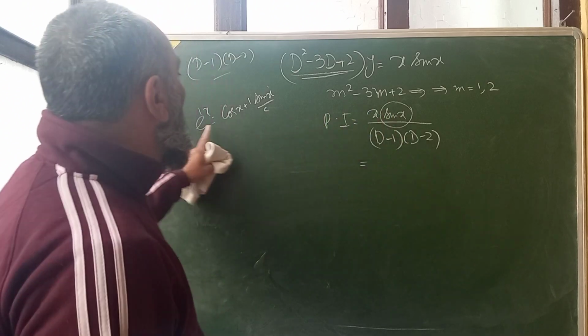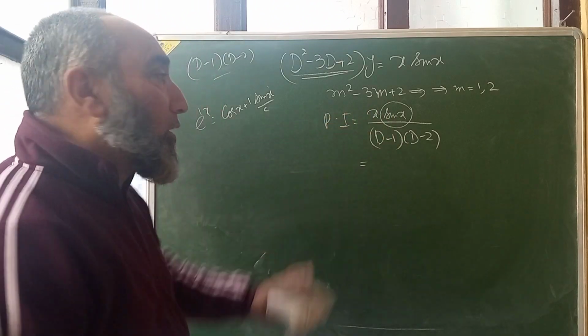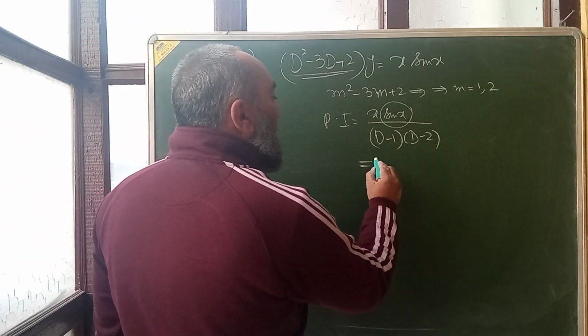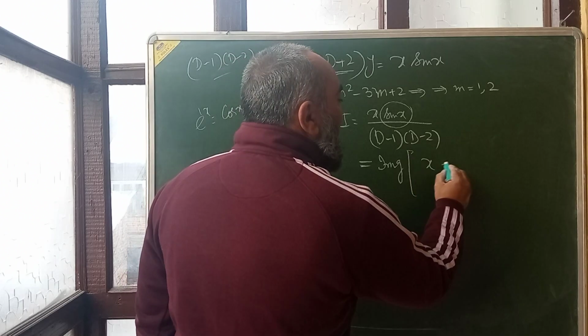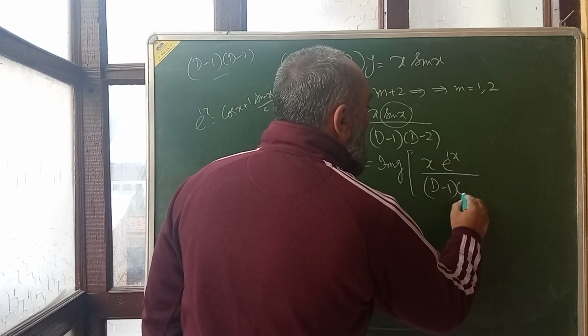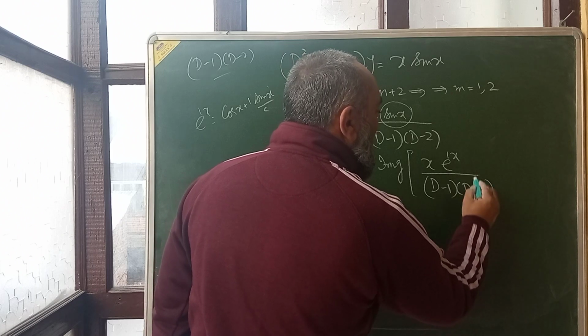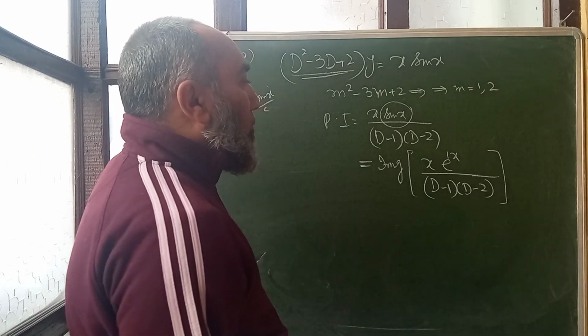Cos 5x is e to the power i5x, real part only. But for sine, you have to take imaginary. So I can write this question as the imaginary part of x e raised to the power ix over (D minus 1)(D plus 1)(D minus 2). Okay. Now, what is the method?